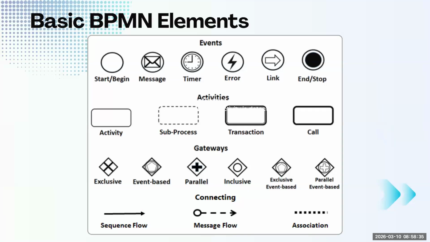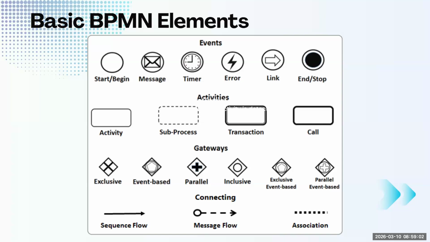The BPMN diagrams consist of several key elements. First, we have events, which represent things that happen during a process. These include start events, message events, timer events, and end events. Second, we have activities, which represent tasks or work being performed.